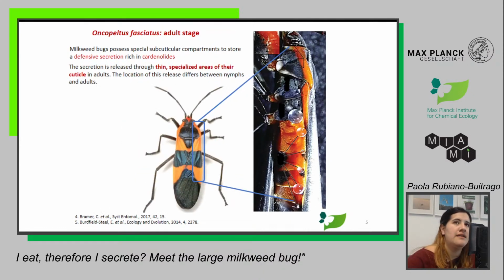The opposite happens in the adult stage, where it's been known that there's a space inside this area, the subcuticular compartments, where the defensive secretion, these liquid droplets rich in cardenolides, can be released through thin specialized areas. So when they are being poked by a predator, these droplets are going to appear, and they're going to be really unpalatable and most likely toxic to whoever dares to poke them.